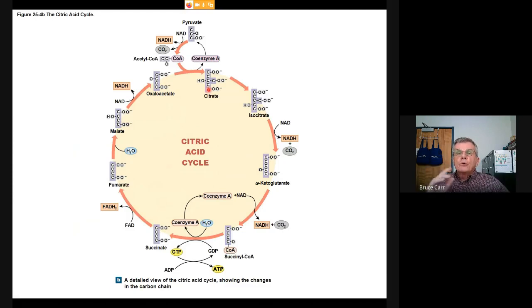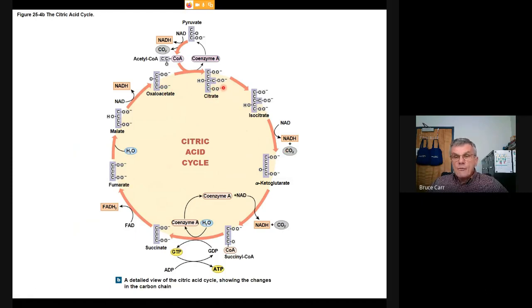It would be simpler for me to tell you that the acetyl group is stuck on, and then those 2 carbons are immediately bumped off as CO2, but it's just not the way it happens. The chemical rearrangement, the shape change from oxaloacetate to citrate, means that one of the carbons over here is the first CO2 to come off. But these are the steps.